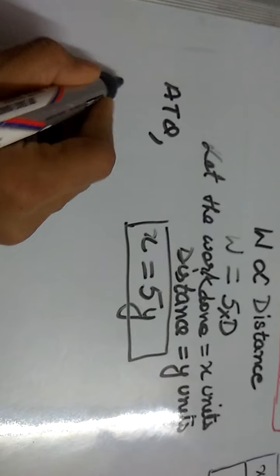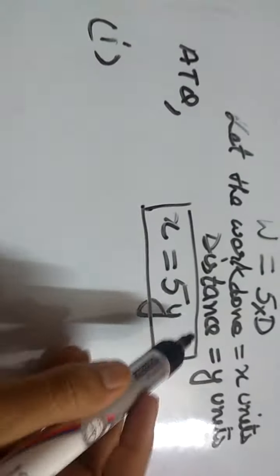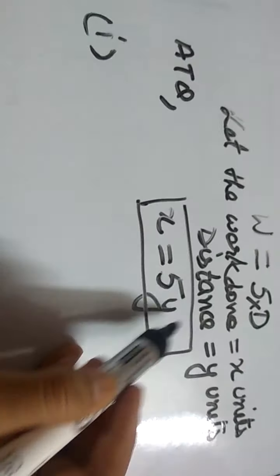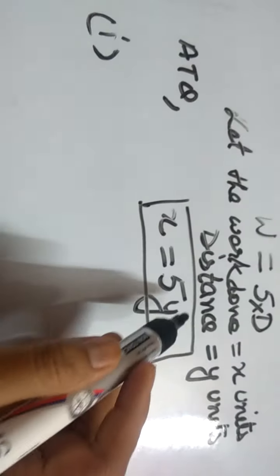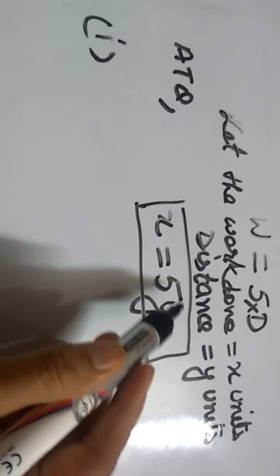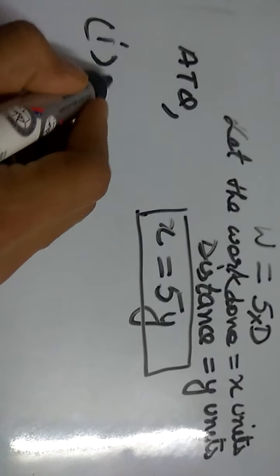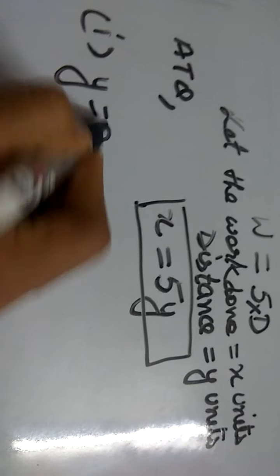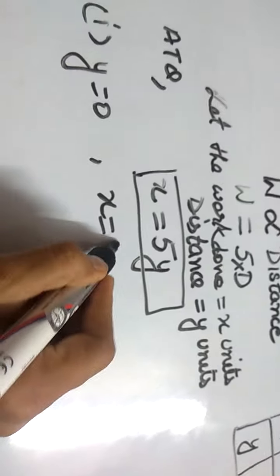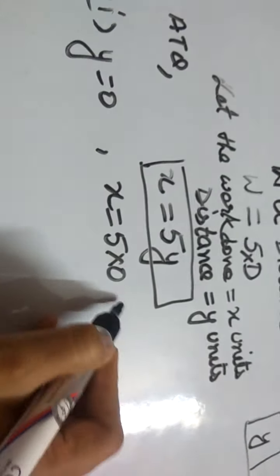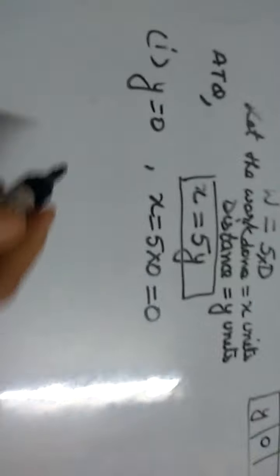So let us assume the first one. Now y is in combination with the constant, so we will start taking it with y. Let us take y is equal to 0. When y is 0, x will become 5 into 0, so x is 0. So when y is 0, x is also 0.